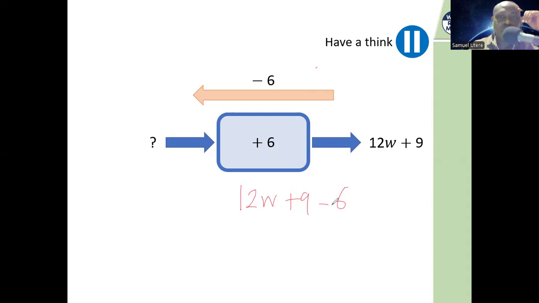So actually, if we take 6 only from this, your answer will now be 12w plus 3. So that is what was put into the machine. Okay? Really important for you to think about what's going on here. Okay? All right, let's move on.